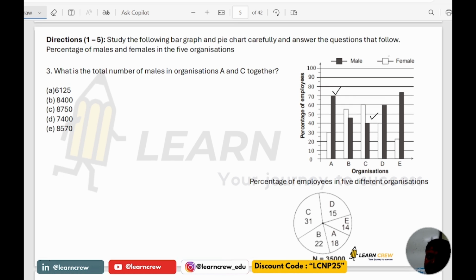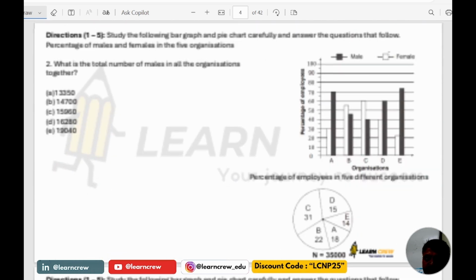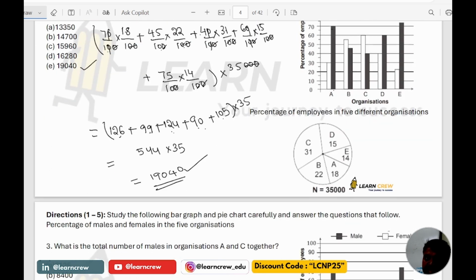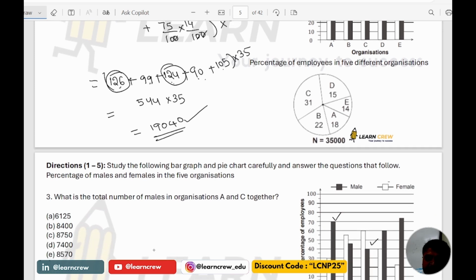Please see our second question. A 126, C 124 into 35. So you will get here 126 plus 124 into 35.